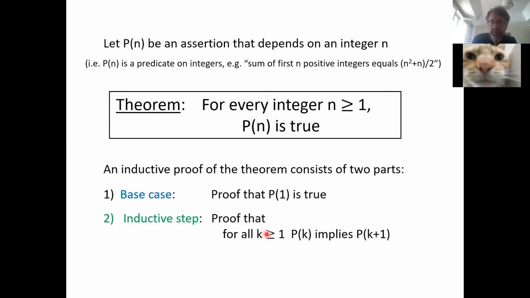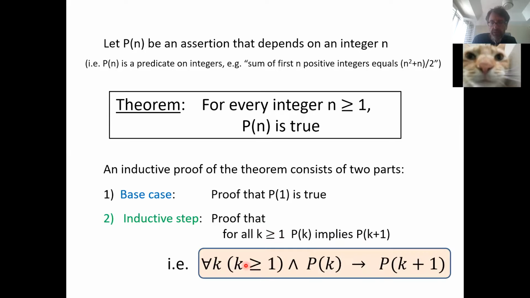As long as this integer is greater or equal to 1, then the following implication must hold. The implication is that if this predicate is satisfied at index k, then it also must be satisfied at one more index, k plus 1. You can read this statement as the following implication.